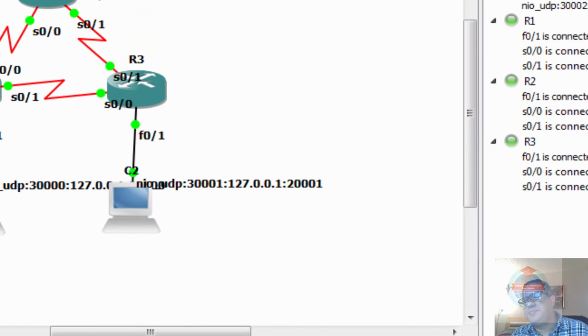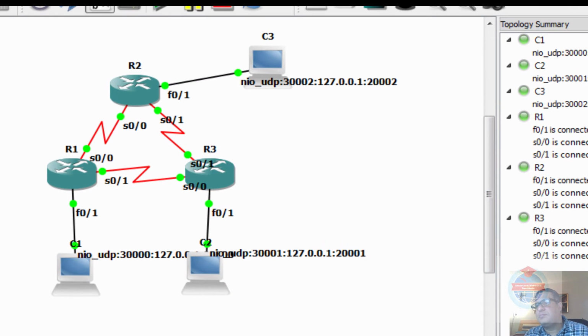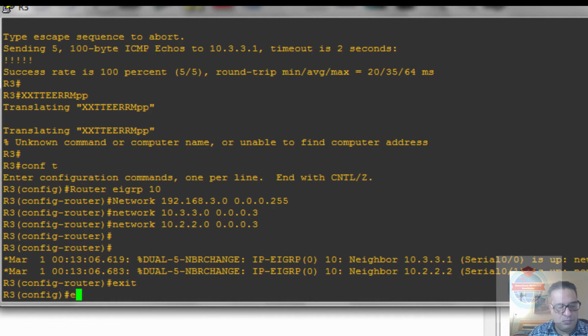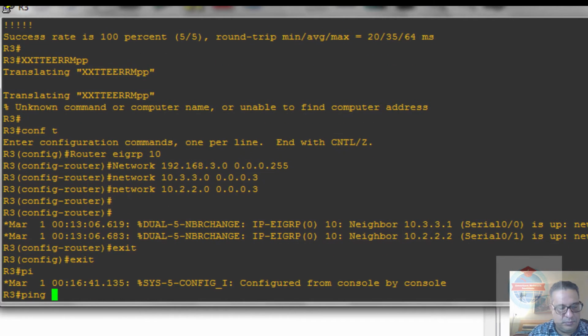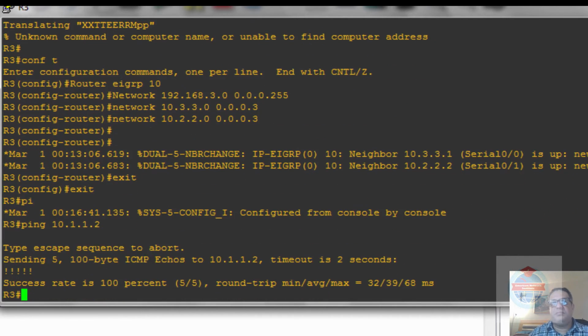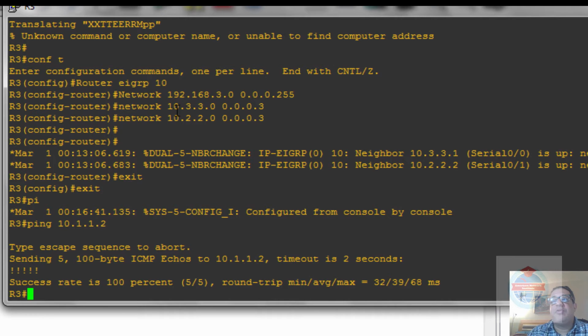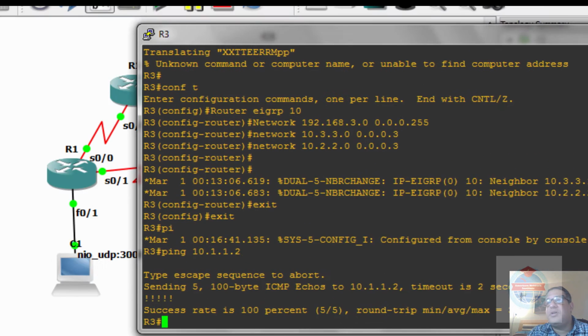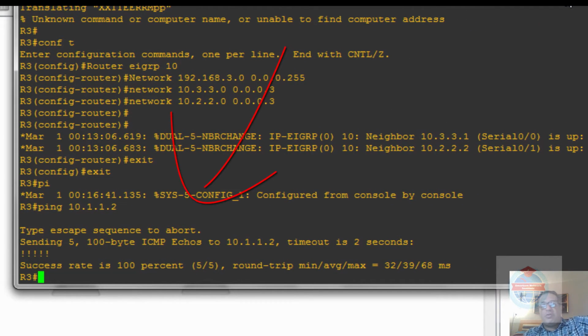Let's double check that. Guys, this was successful. I don't want to go over each one of the interfaces, but I want you to see that it was forming neighbors and adjacencies with the others, and it could ping and see the whole scenario, all the other routers that we have on the table.